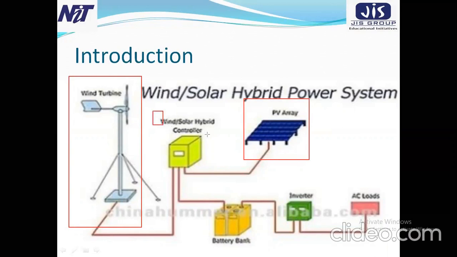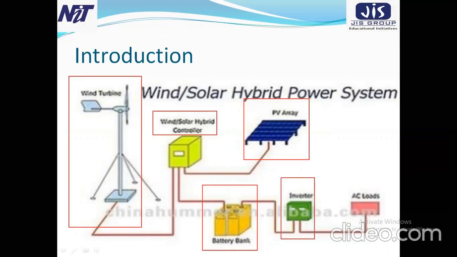Look here, the wind solar hybrid are connected here. Now this part is connected with the battery bank. Both the wind turbine and the solar PV cell are generating DC power.